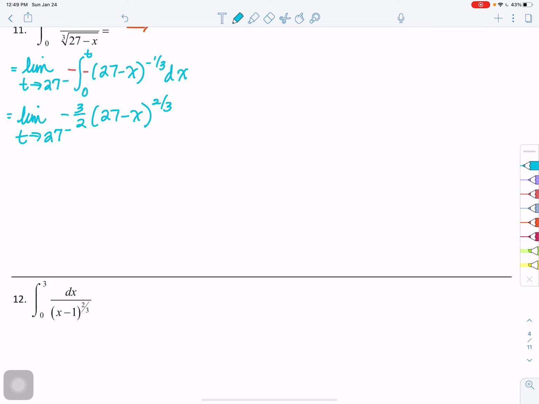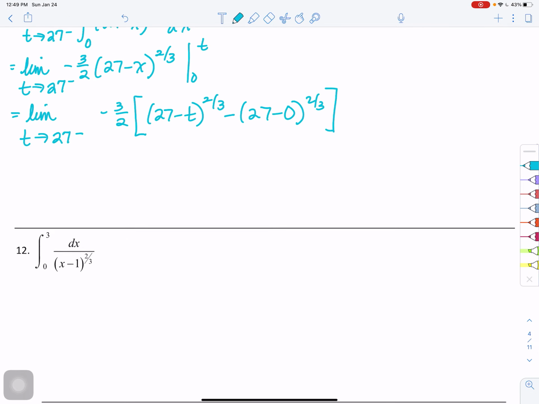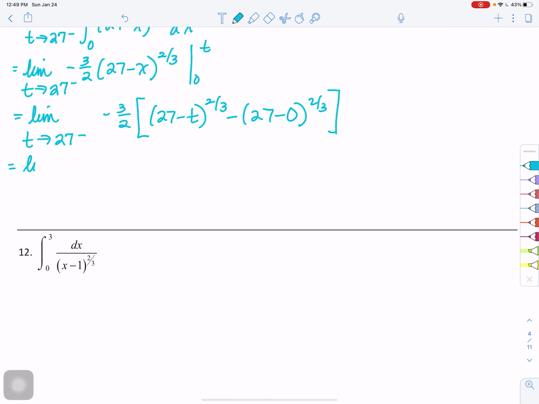And don't forget that negative that we had placed on the outside, evaluated from 0 to t. Keep writing that limit. I'm going to keep the negative 3/2 on the outside, and we're going to plug t in first. So we're going to have 27 minus t to the 2/3 power minus 27 minus 0 to the 2/3 power, which is just 27 to the 2/3.